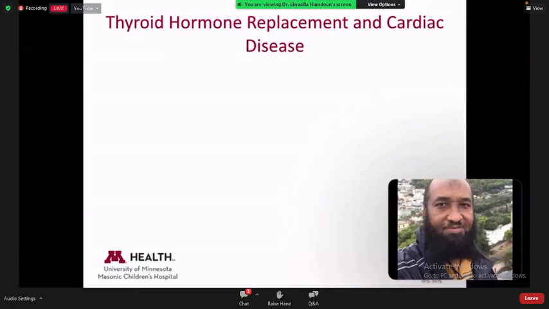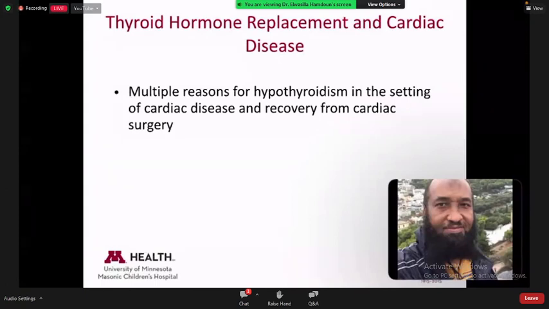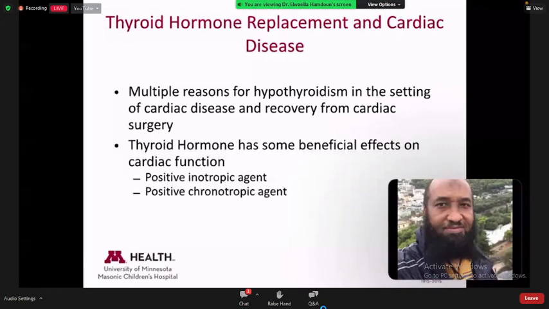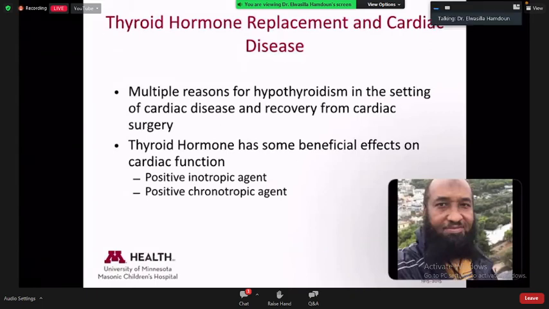It's important for those who work in the critical care setting, especially in the cardiac ICU, to know about thyroid disorder in relation to cardiac function. So remember, thyroid hormones have a positive effect on the heart. They have positive inotropic and positive chronotropic effects. So if someone has cardiac dysfunction and at the same time has undetected hypothyroidism, and they're trying to manage the heart and improve the function without treating the hypothyroidism, that can also be insufficient management.